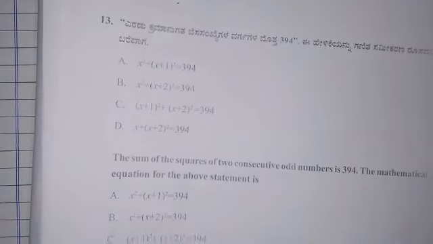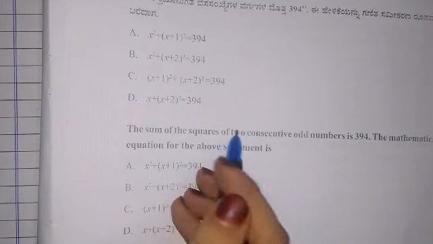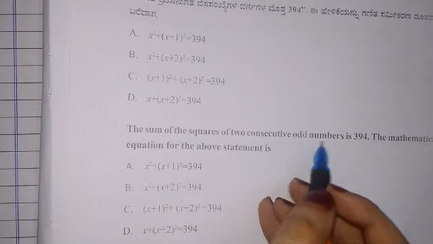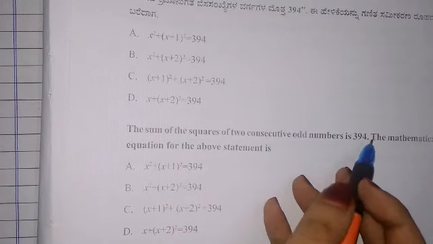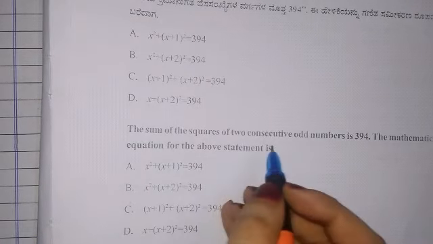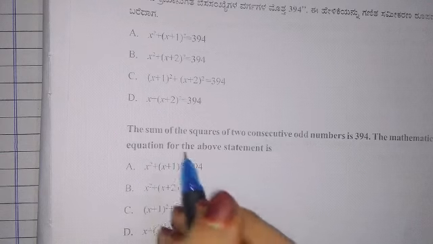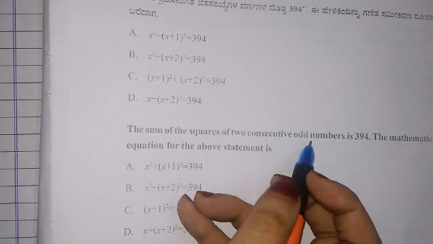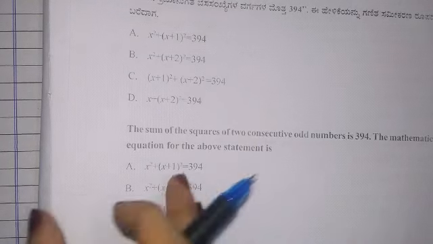Let us see question number 13 here. The sum of the squares of two consecutive odd numbers is 394. The mathematical equation for the above statement is... the sum of the squares of the consecutive odd numbers is 394.